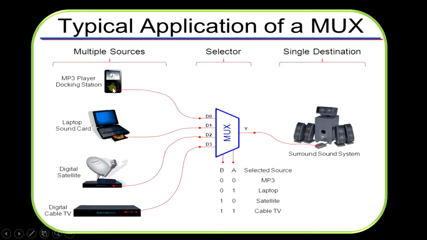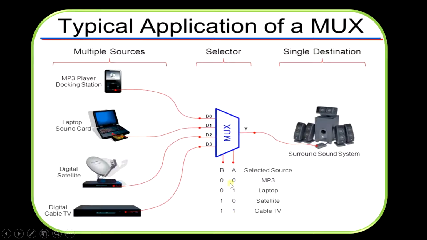You can see that this mux has 4 inputs denoted as D0, D1, D2 and D3, and the selector pins are represented as A and B. Because there are 2 selector pins, the various binary combinations could be 00, 01, 10, 11.